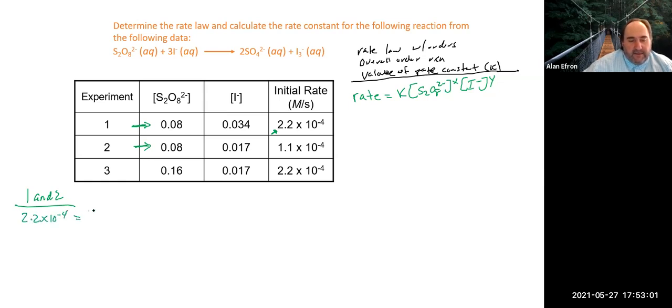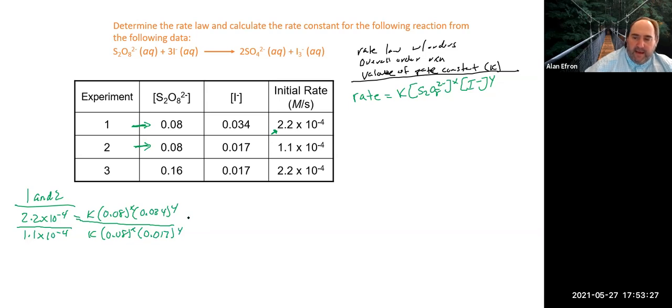It's going to equal K times 0.08 to the X, 0.034 to the Y. And again, that's all the information that comes from experiment 1 from the table. I'm then going to put experiment 2's information all the way across on the bottom. And that gives me this guy here and this one here.